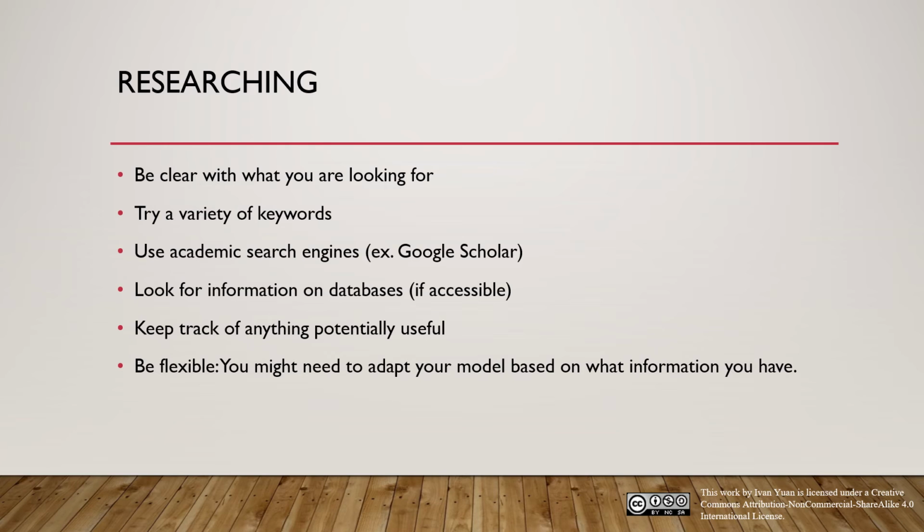And if you have access to databases, it will be extremely helpful to do research on databases. Fourth, you should keep track of anything that is potentially useful, because you might want to go back to it later and actually use it. Finally, it is important to be flexible, because not all of the data is easy to find. You might need to adapt your model ultimately based on what information you have at hand.